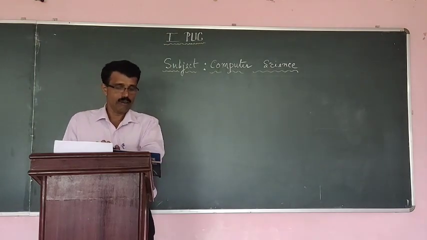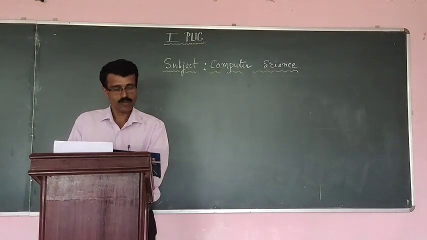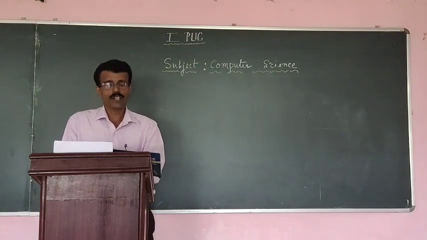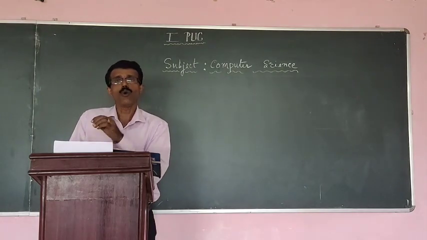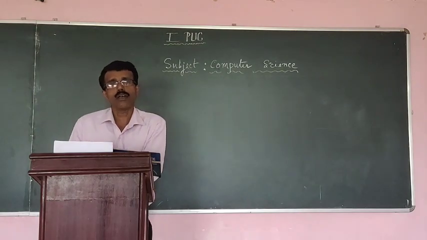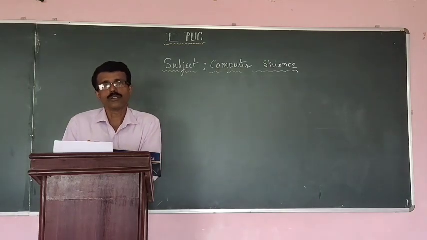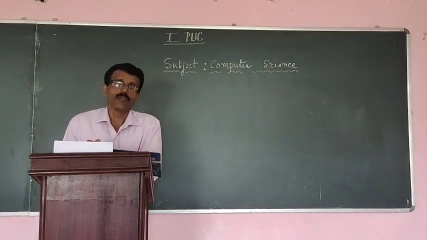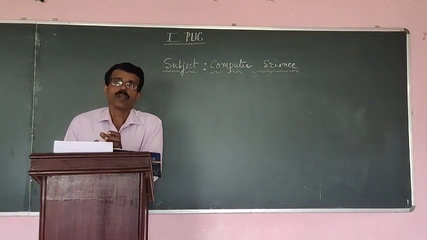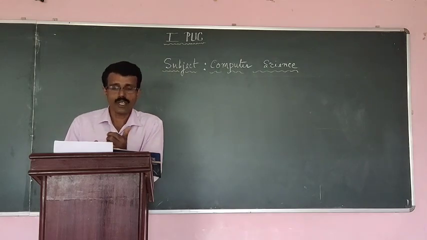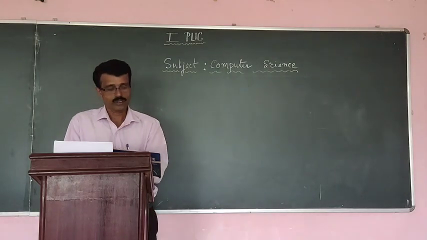The 8th chapter is data types. Without furnishing raw data, we cannot expect any output. Our computer itself doesn't do anything. In order to process something, it needs some raw data.